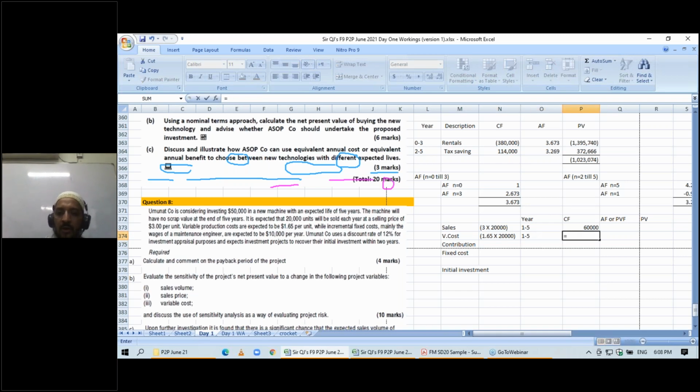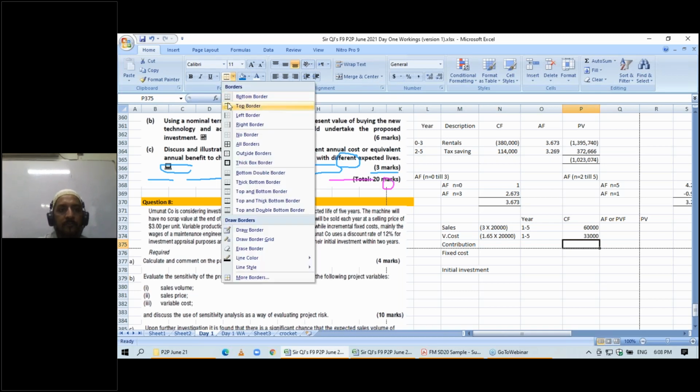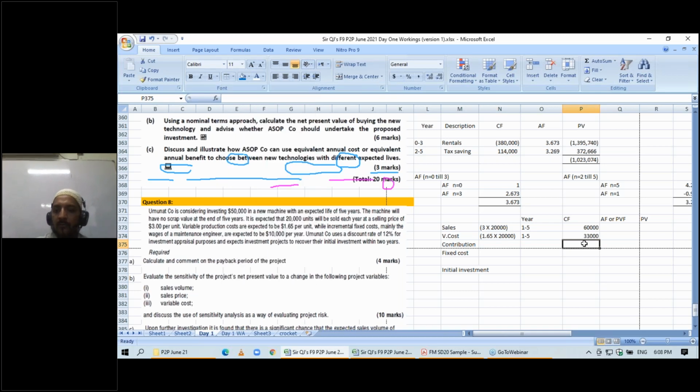And the cash flow amount will be 1.65 multiplied by 20,000. So this gives you a contribution: 60,000 minus 33,000, and the contribution amount is 27,000.